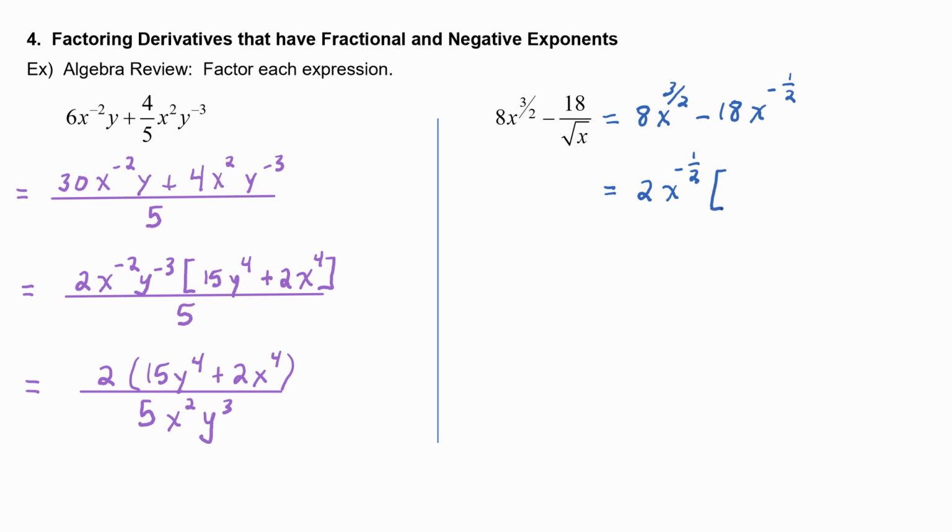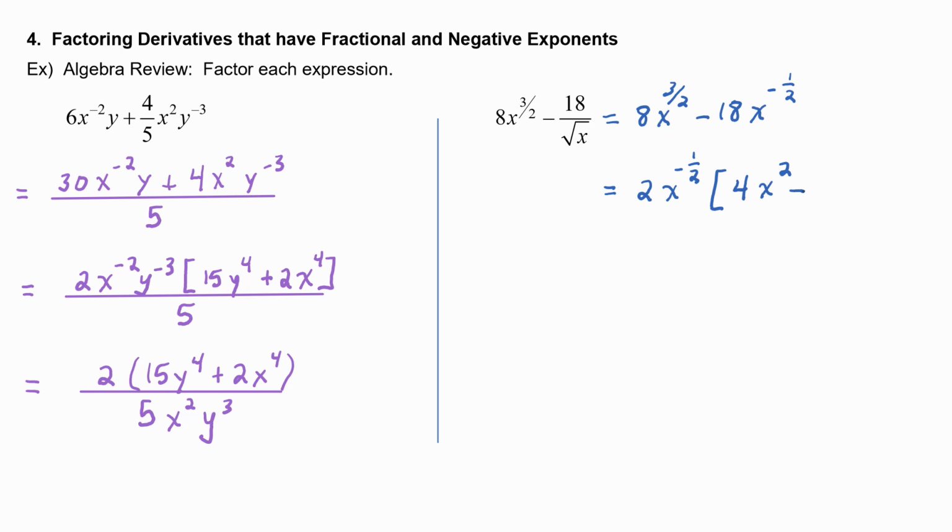And now you do the division to see what's left. 8x to the 3/2 over 2x to the negative 1/2 is going to be 4x squared. Because when you do 3/2 minus a negative 1/2, it becomes 4/2, which is 2.